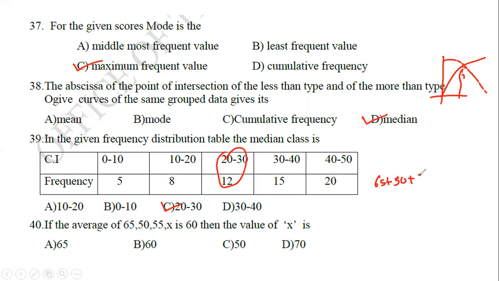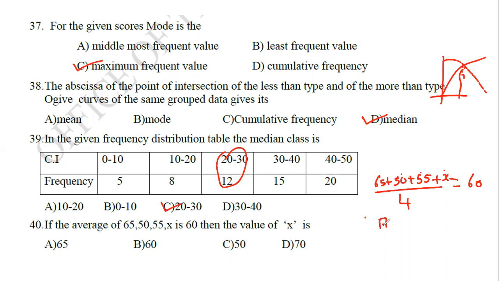65 plus 50 plus 55 plus x divided by how many numbers are there, total 1, 2, 3, 4, equals 60. 65 plus 50 plus 55 is equal to 170.